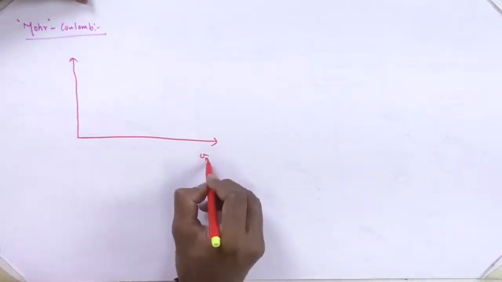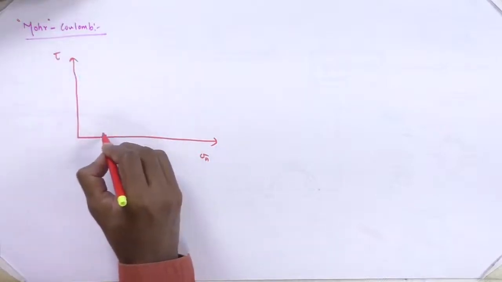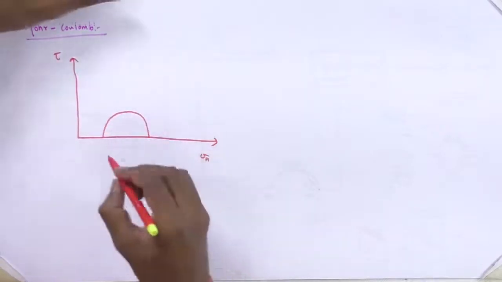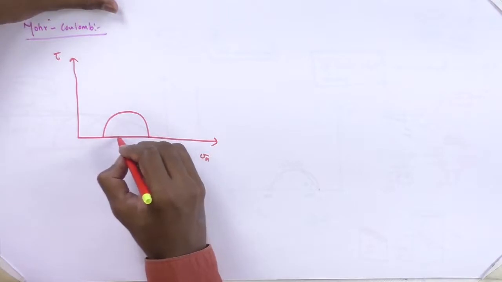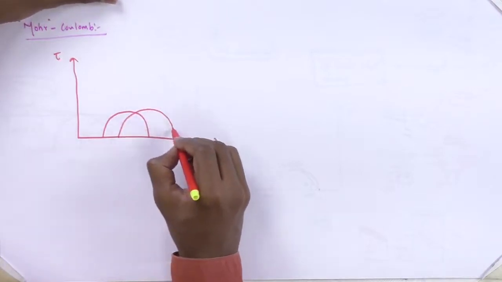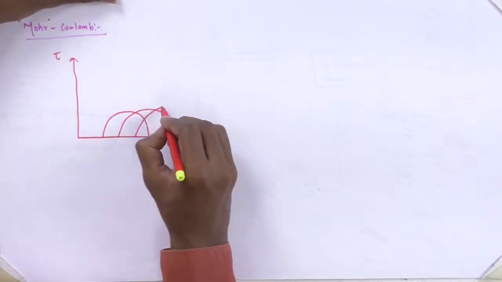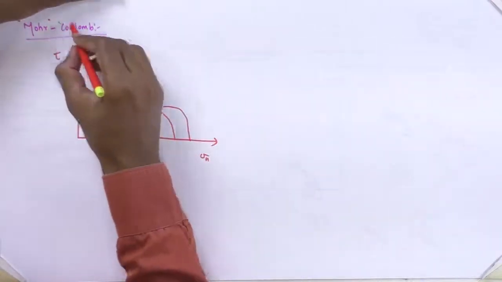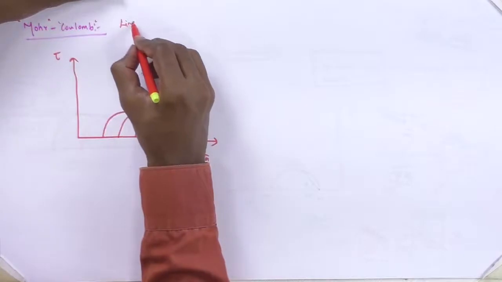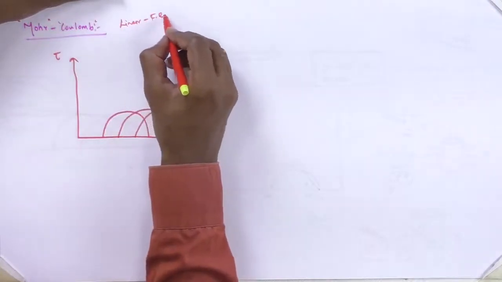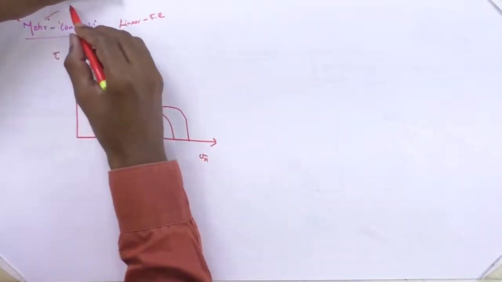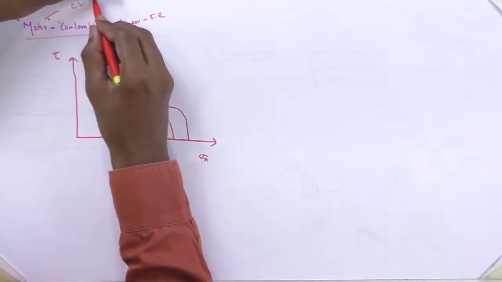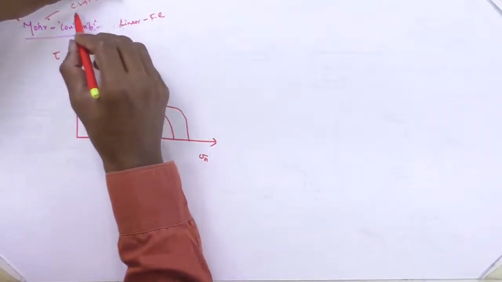By the way, this is a circle of test 1. Coulomb has given a linear failure envelope, whereas Mohr has a curvilinear failure envelope.